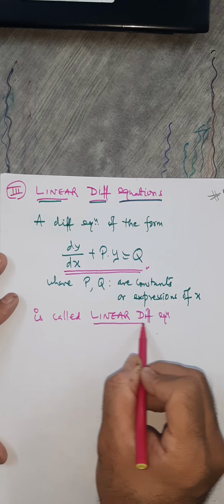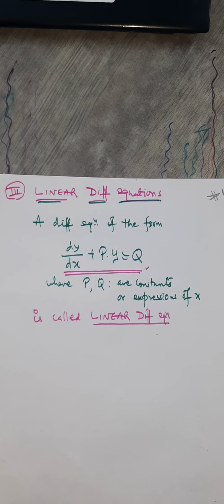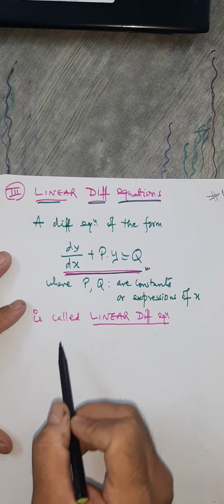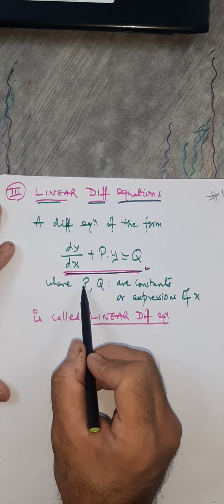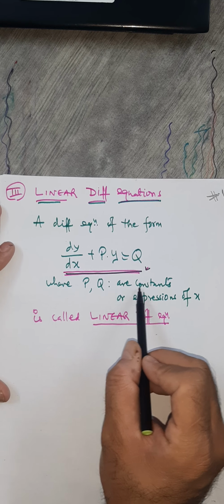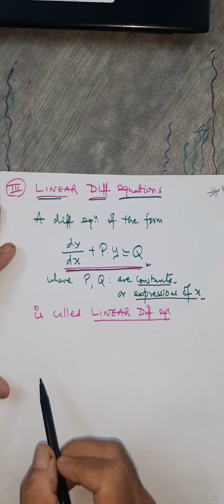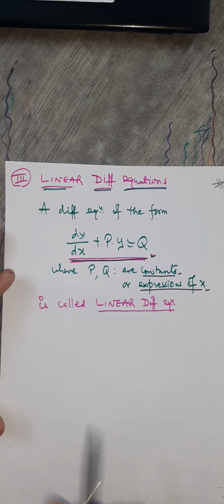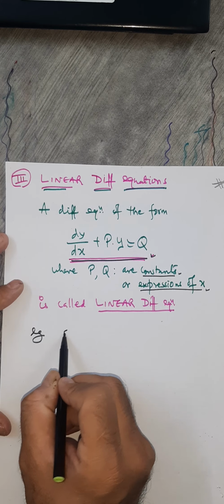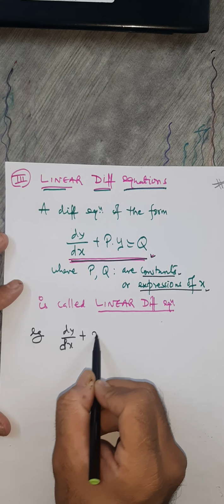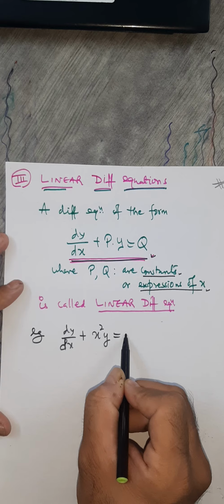So that standard form you need to keep in your mind. What's the standard form? dy by dx plus p into y equals to q, where p and q can be constants and can also be expressions of x, remember. Like this, if I give an example, dy by dx plus x square into y equals to 2.